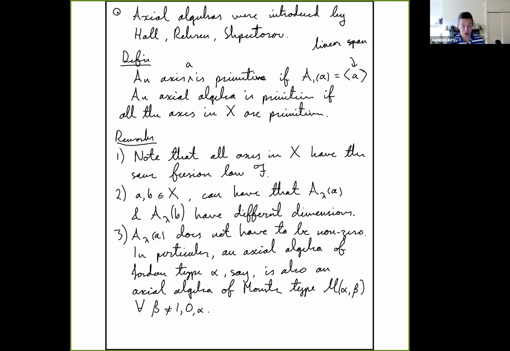You need some control over the multiplication, and in axial algebras, it's given by those two things: knowing that you have axes and that the eigenvectors with respect to those satisfy the fusion law.